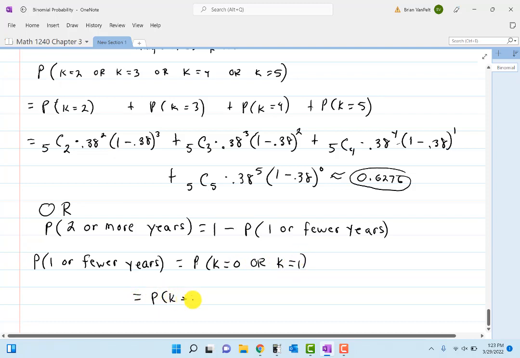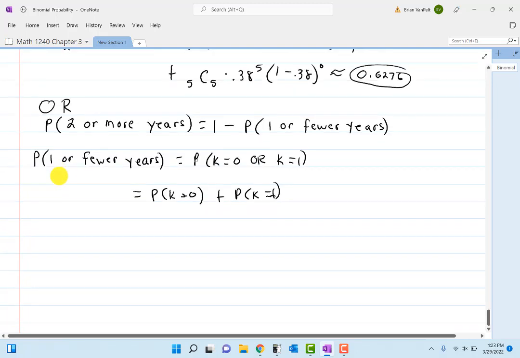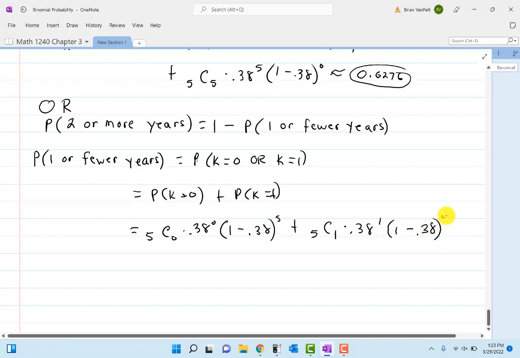That's the probability of k equals 0 plus the probability of k equals 1. And we've done probably most of these. Here is 5c0 times 0.38 to the 0 times 1 minus 0.38 to the 5 plus 5c1 times 0.38 to the 1 times 1 minus 0.38 to the 4.